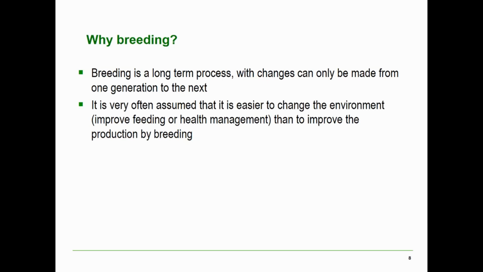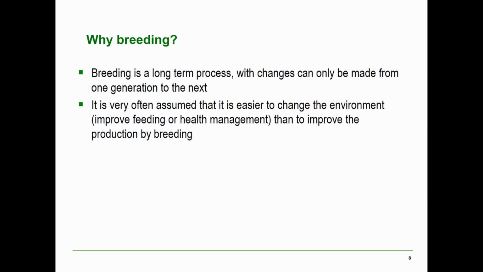Now, there is an assumption that is sometimes made that it's easier to change the environment, so improve the feeding or provide more or better feed and better health care to the animals, which would in return improve the production capacity of the breed or population more, or in a more substantial way, than breeding itself.